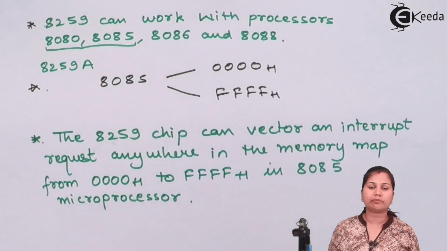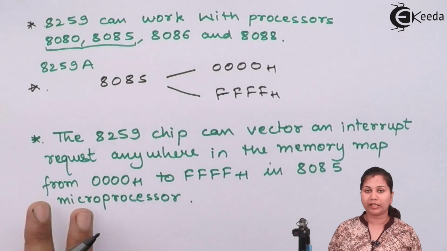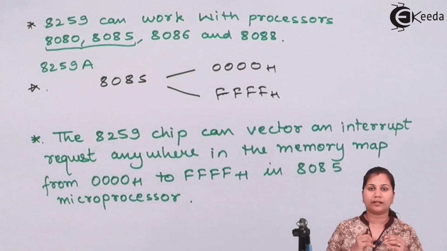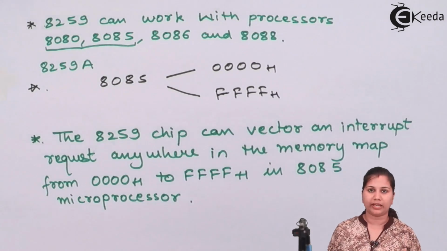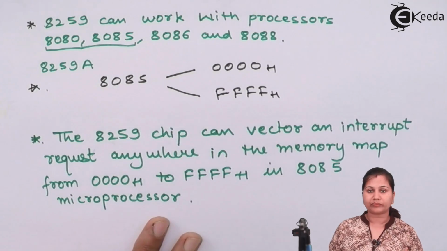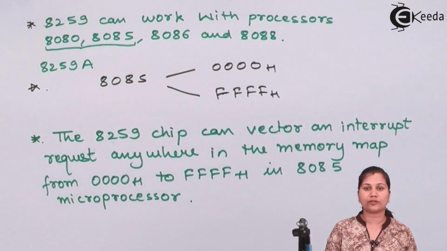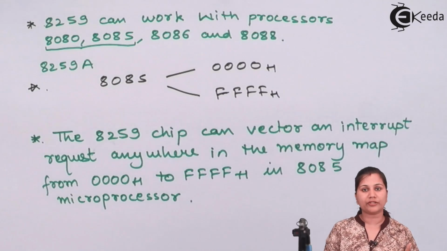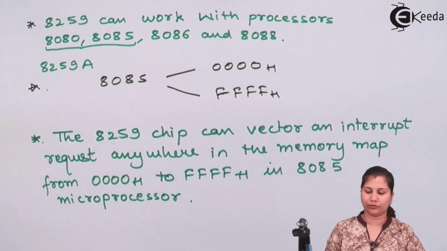Anywhere in this memory map, the interrupt request can be vectored, or its service routine can be written at any memory location between 000 and FFFH. This eliminates the drawback that in the case of trap and RST 7.5, 6.5, the service routines are written on the same page 00.